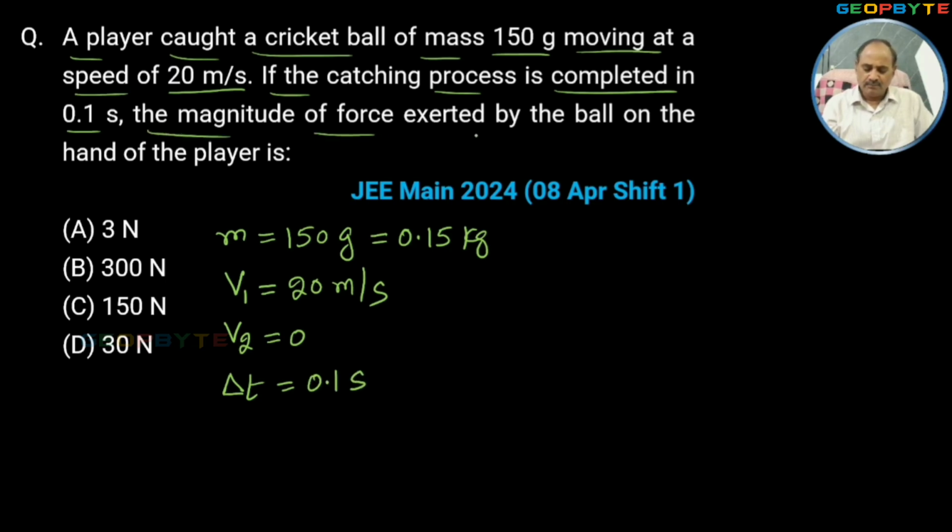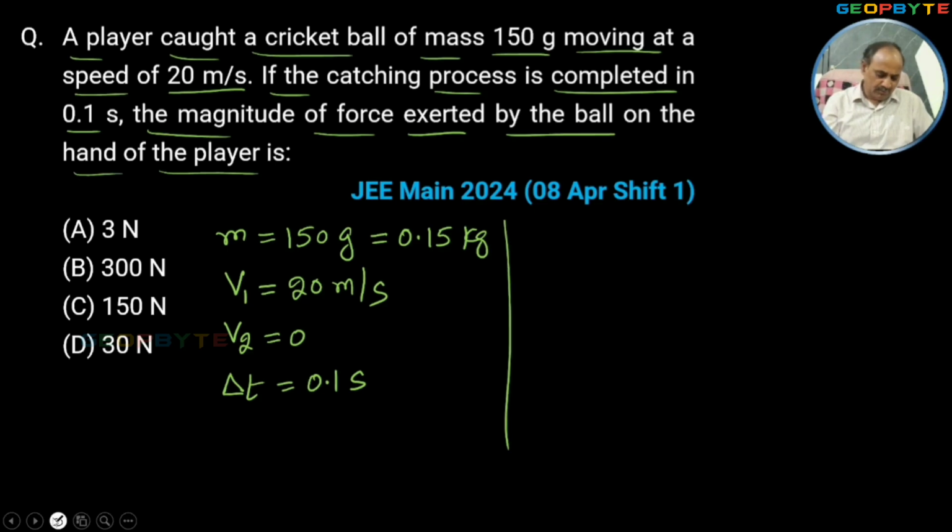The magnitude of the force exerted by the ball on the hand of the player is simply what is the force which is transmitting from ball to hands of the player while the ball is being caught. As you know, according to Newton's second law, the force which is transmitting from ball to hands of the player equal to rate of change of linear momentum, delta p by delta t.